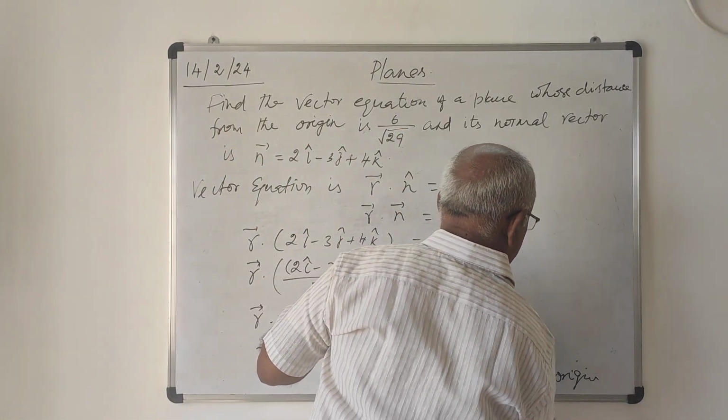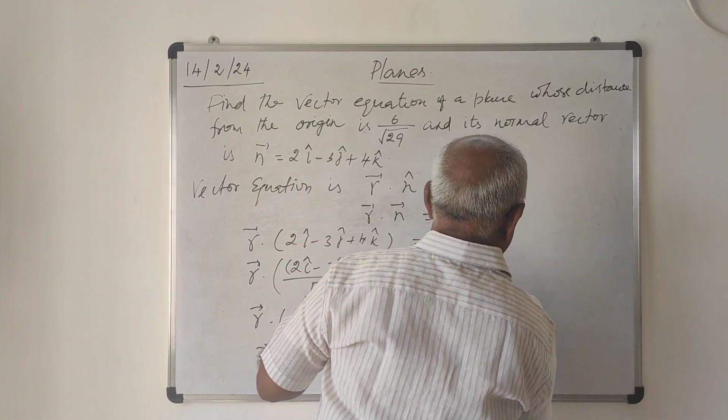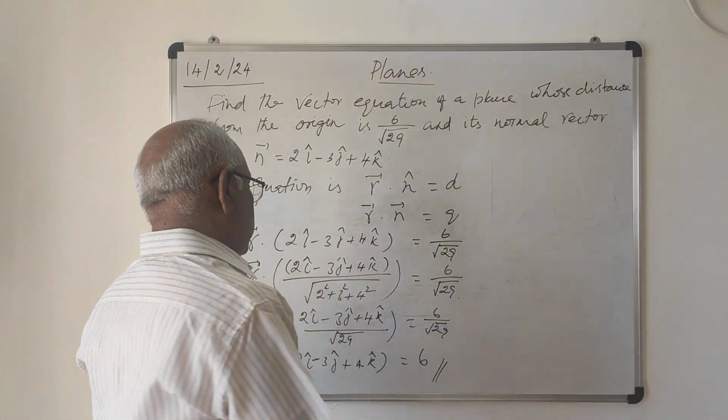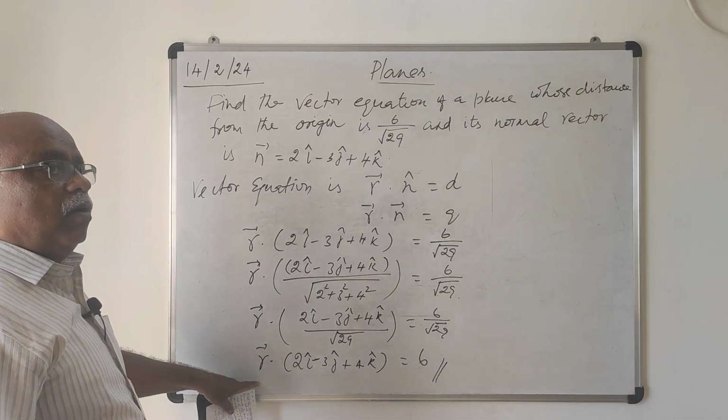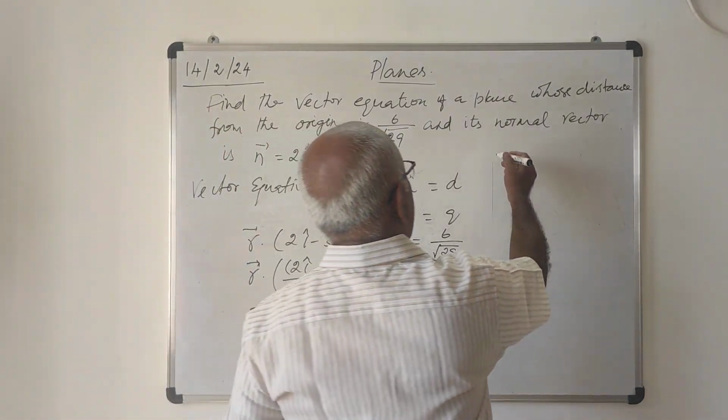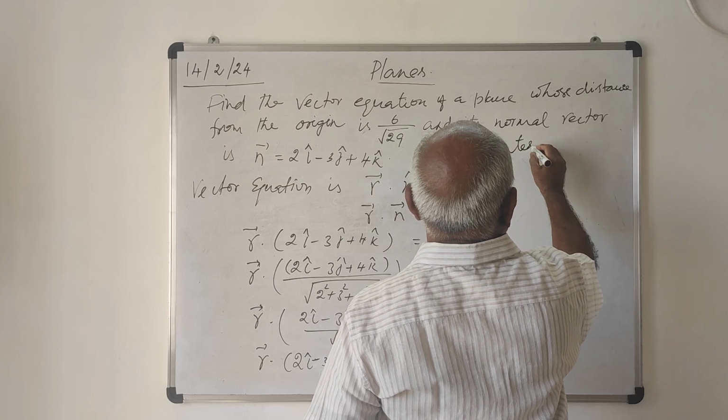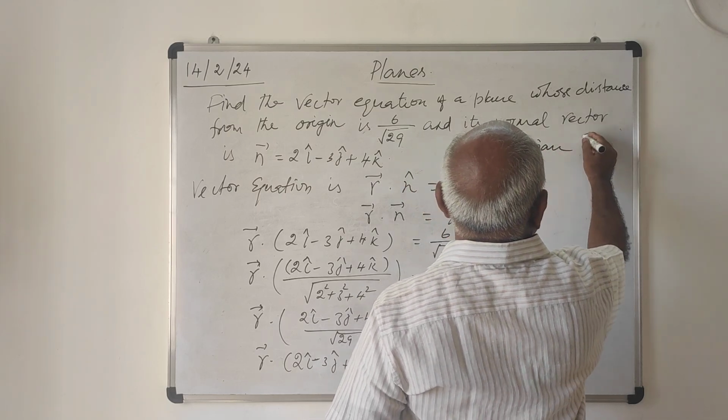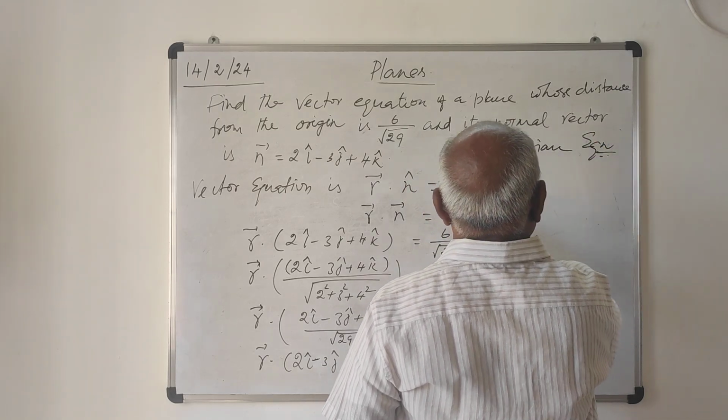Suppose you want to find the Cartesian equation. Just consider r as xi plus yj plus zk. This is not asked in the problem, but I can explain the Cartesian equation also.